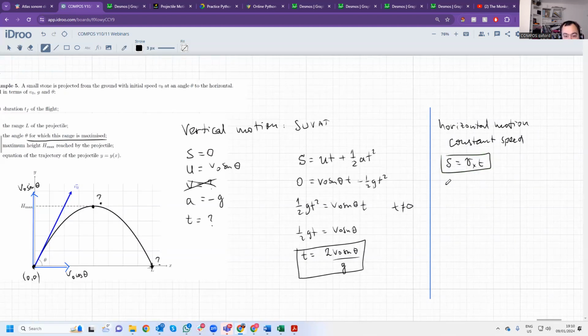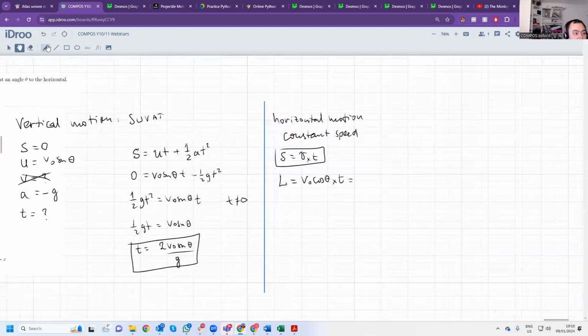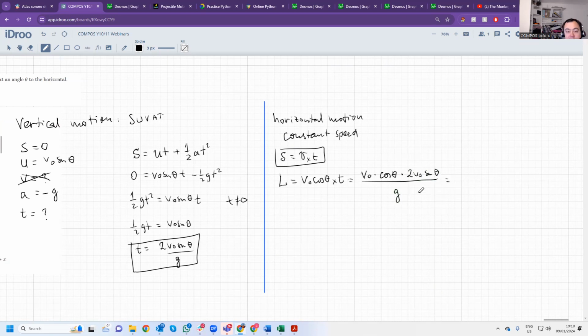So the displacement, L, is equal to the horizontal velocity, which is V0 cos theta, multiplied by time. But we already know time. Time is 2v0 sine theta over g. So we substitute that in. We have v0 multiplied by cos theta multiplied by 2v0 sine theta divided by g. And we can simplify that.